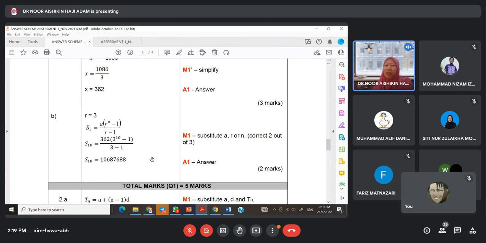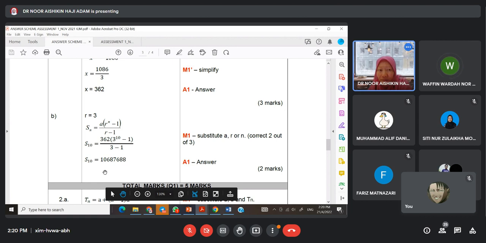Cuma mungkin kadang-kala you tersilap masuk satu nilai. For example, you salah the value of A ke atas ni. So you gunakan di bawah ni. But if your R and your N is correct, you still get 1 mark. Okay? Faham?